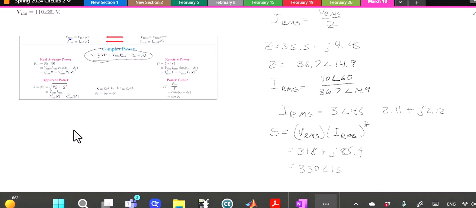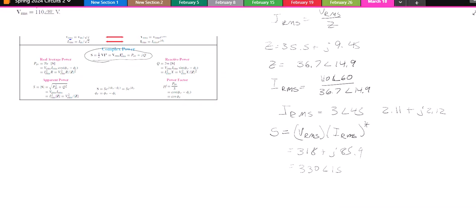Okay, so now let me get the right units on that. That's VA. Now just to show you, I get the same thing if I use the conjugate. So the conjugate is this with the minus sign, so it would be V RMS, 110 angle 60, times 2.11 minus J 2.12.